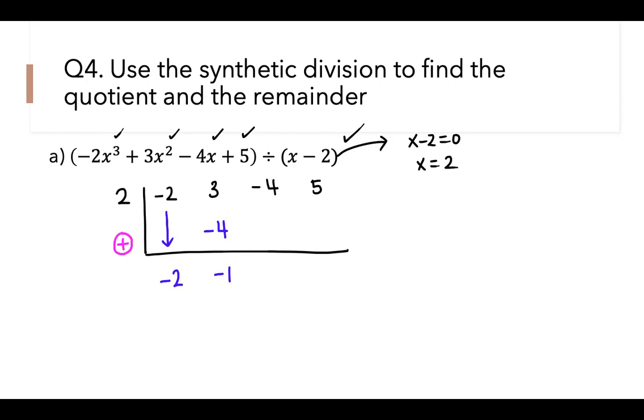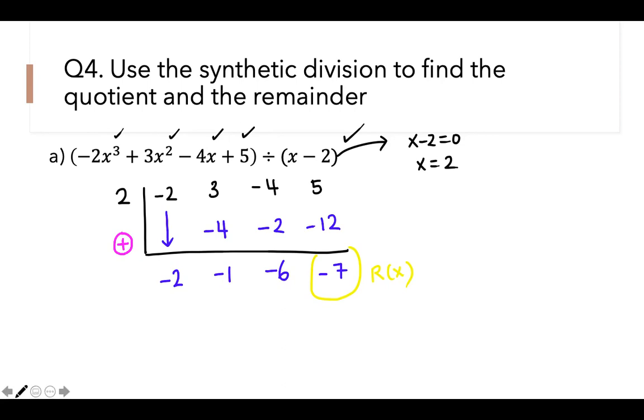Again, 2 times negative 1 will give me negative 2. As you go down the column, you add negative 4 plus negative 2, which is negative 6. Now let's multiply the divisor zero: 2 times negative 6 will give me negative 12. Add them up, which will be negative 7. Always, the last number is going to be your remainder. So that will be the remainder of this synthetic division.